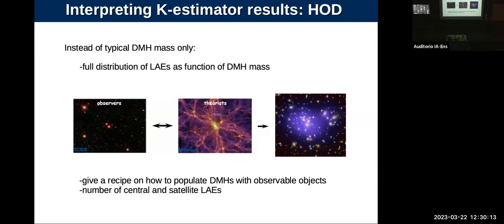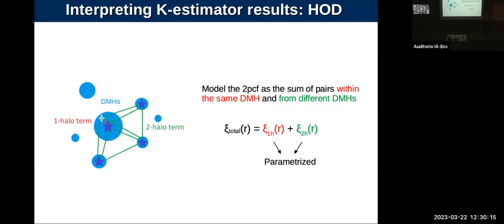Now, how do HOD models model the clustering of a galaxy sample? The way they do it is by distinguishing the contribution of galaxy pairs that come from the same dark matter halo. This is what is called the one halo term. This comes from very small scales. And they will distinguish that contribution from the contribution of pairs of galaxies that belong to different dark matter halos.